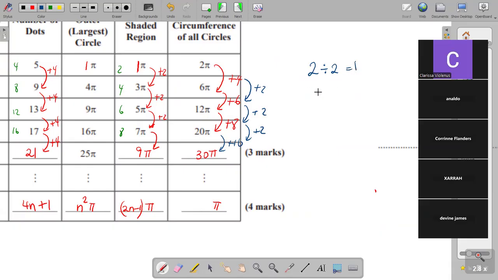So what is the base of our formula? N square. So the numbers in front are going to be square numbers. So this is what you're going to do. So you're going to say 1 square is 1, 4, 9.